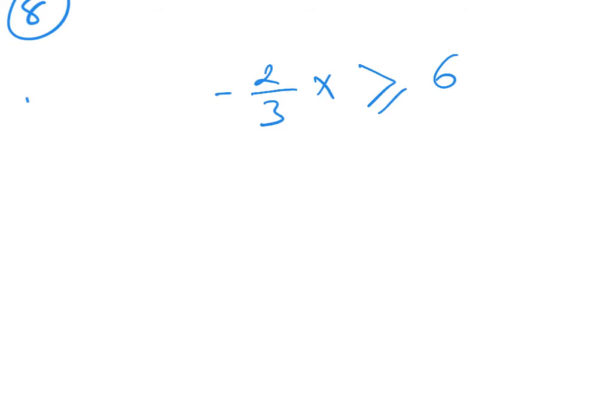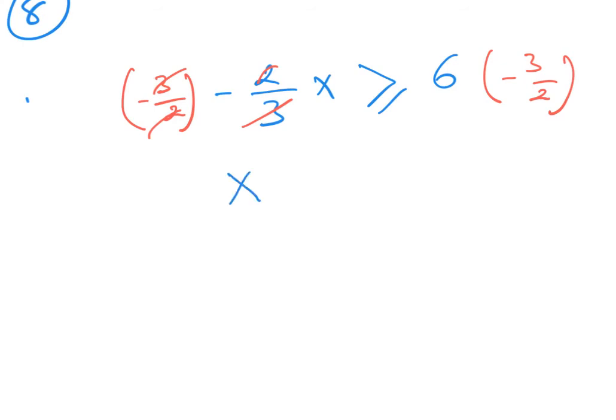So we need to multiply by the negative reciprocal, which is negative 3 over 2, times negative 2/3 x, and we also have to multiply the other side by the same thing, negative 3 over 2. This is going to be gone, negative times negative is positive, and we're going to have x. On the other side, 6 over 2 is 3, and that would be negative 9.